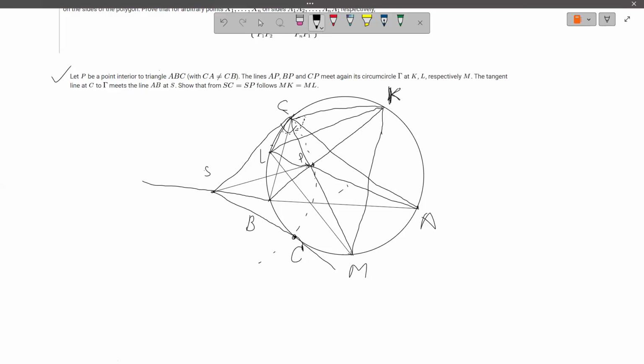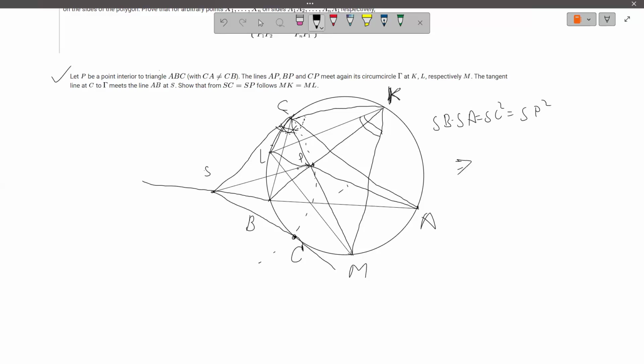Yeah, you can use a power of a point from the point S, like SC squared is equal to SP squared is equal to SB into SA. Yeah, that's a very good thing, Aritra. That's a great thing. So people observe, SB into SA is equal to SC squared is equal to SP squared.